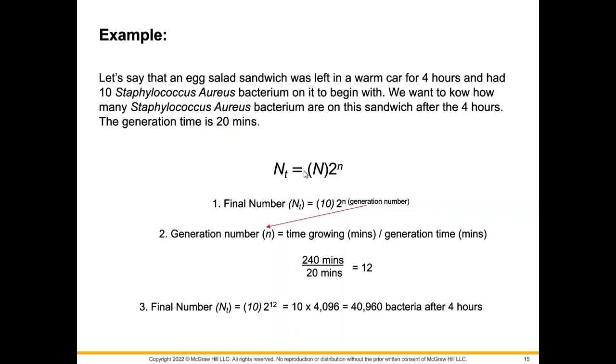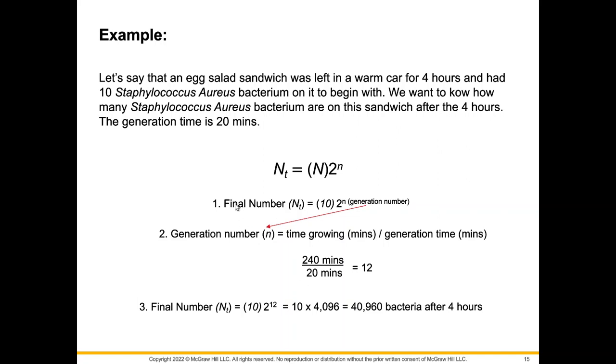So here's our equation again. We have N sub t equal to N times 2 to the nth power. First thing is we would want to incorporate the generation number because it was given, as well as N, which was also given.